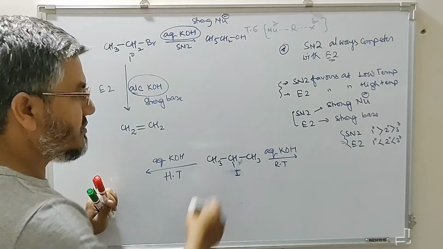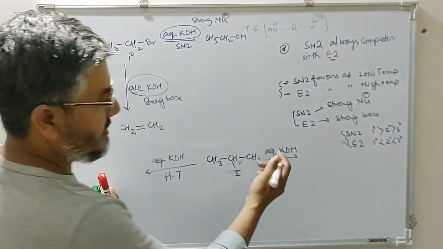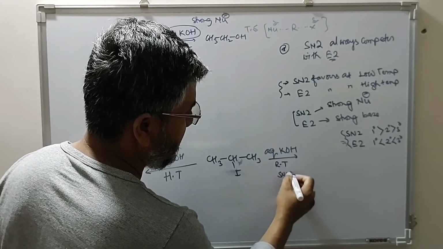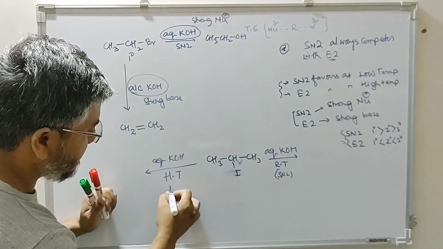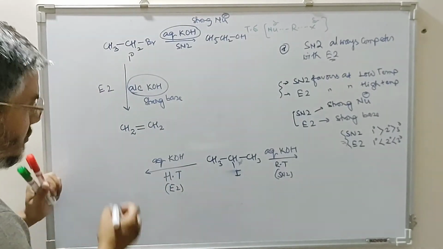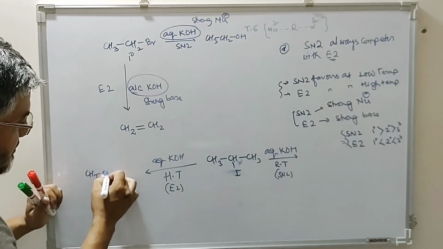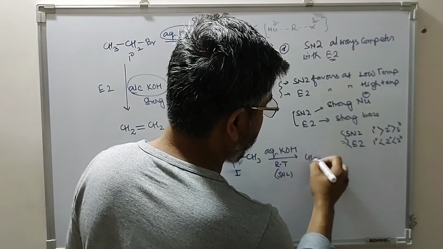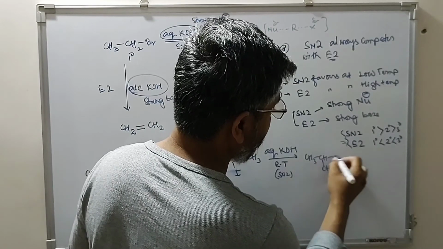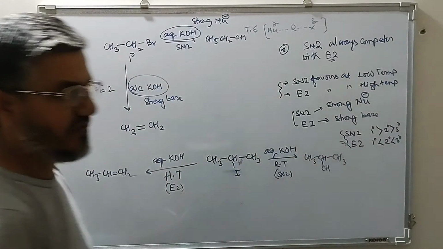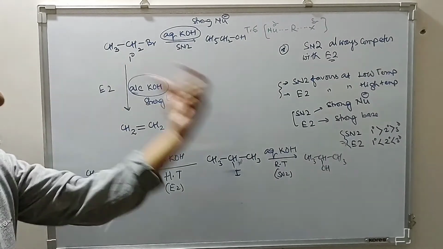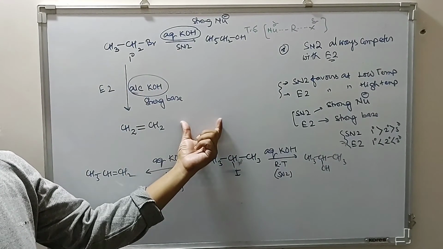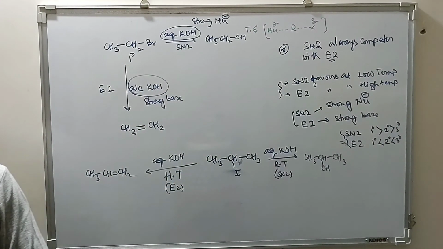So in both cases we are using aqueous KOH. At room temperature, the reaction will favor substitution. At high temperature, the reaction will favor E2. So this gives you CH3CH=CH2. And the other will give CH3CHOHCH3, where substitution is favored. So this is the interplay, or the competition, between SN2 and E2.